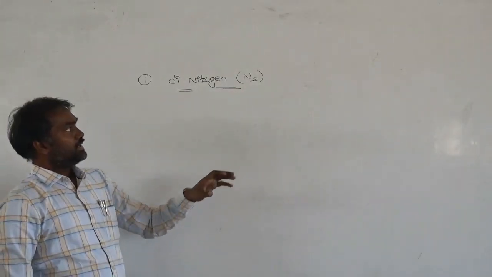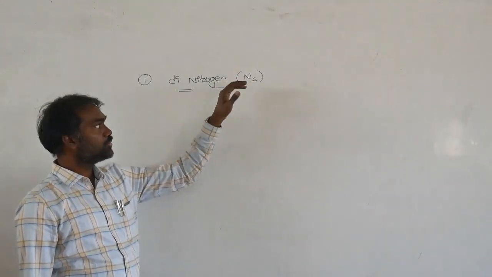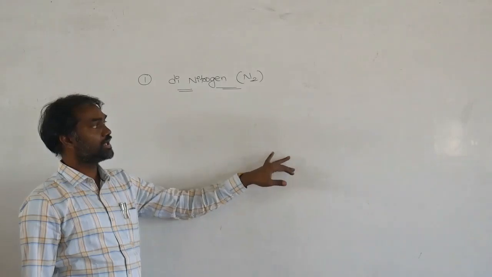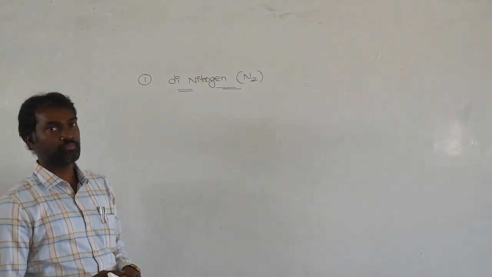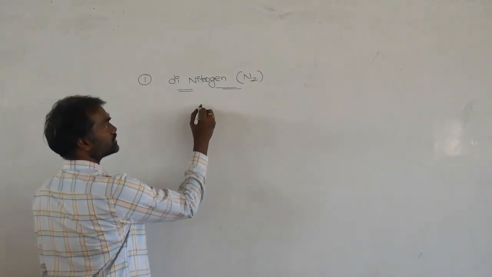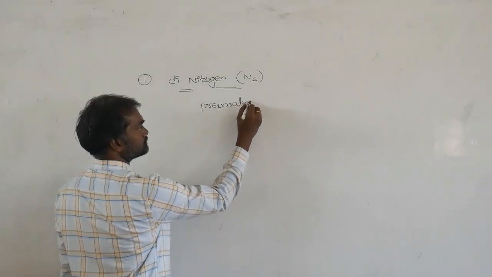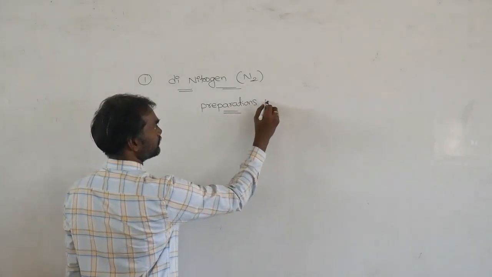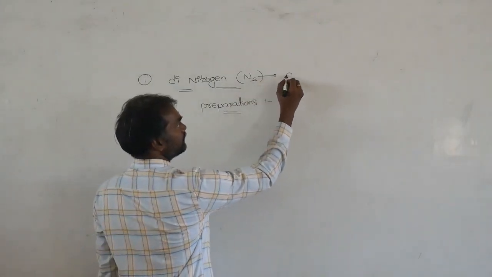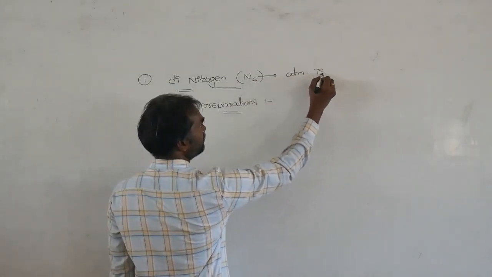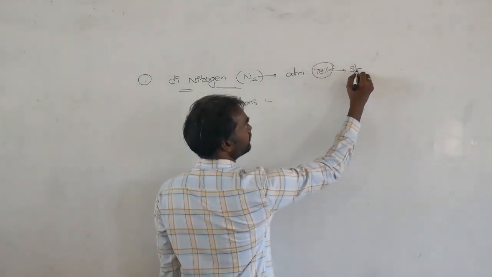For every compound there is a speciality, meaning how to prepare it and the chemical properties of the compound. That means the main concept of that compound will be covered. So for dinitrogen, take the preparations. Actually, dinitrogen is available in the atmosphere at 78%, because it is highly stable.